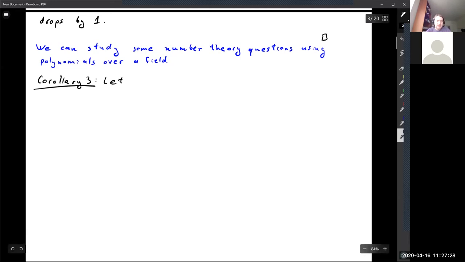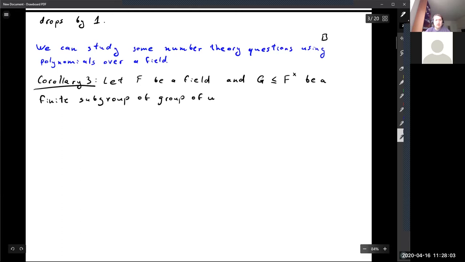So let F be a field, and let G be a finite subgroup of the group of units F cross, which in the case of a field is just all non-zero elements of the field.